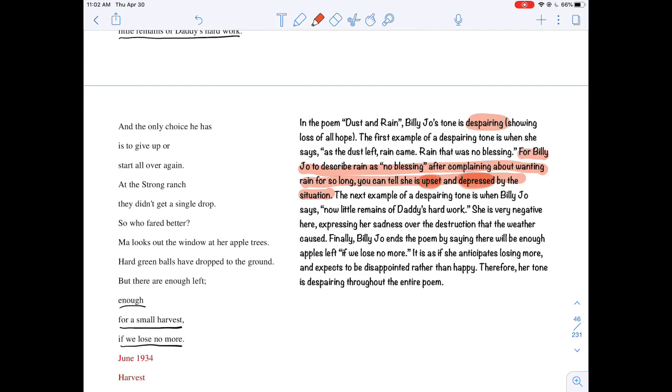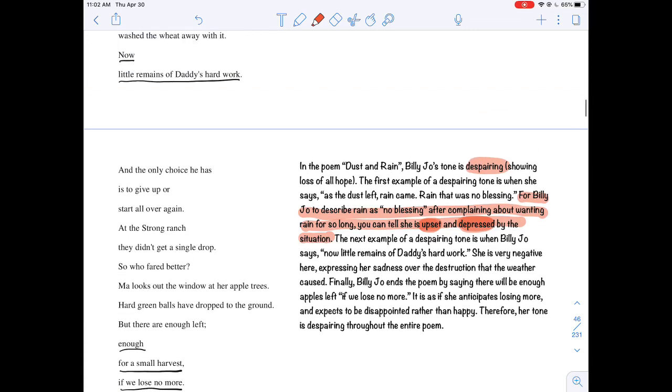The next example of a despairing tone is when Billy Joe says, "Now little remains of Daddy's hard work." There's my next example. Going further with my explanation, I have to have at least one sentence of analysis. She is very negative here, expressing her sadness over the destruction that the weather caused.